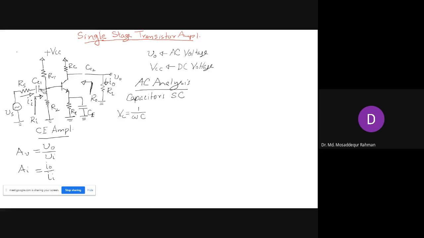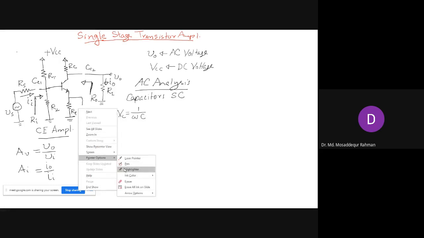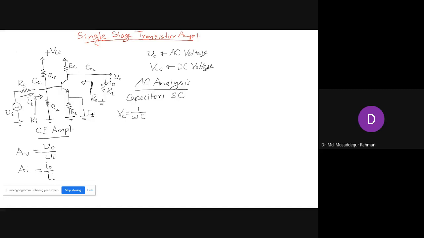We delete this one. Also delete this one. So now we have removed the capacitors and made them short circuit.